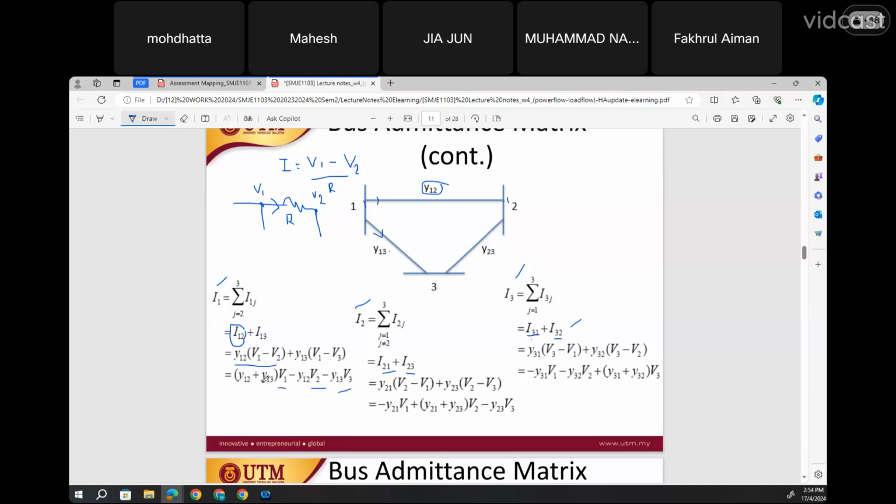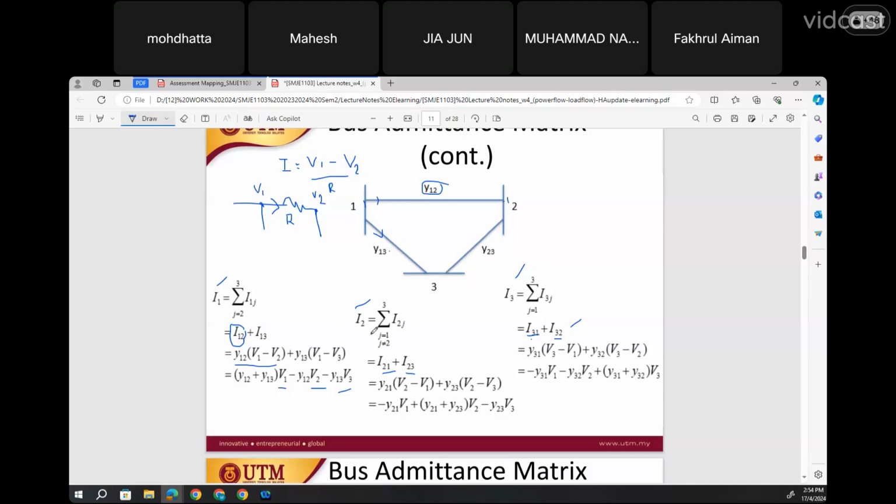V1 should be multiplied by the summation of Y12 and Y13. And for the rest, it will be negative Y12 and negative Y13 multiplied with V2 and V3 respectively. And the same goes to the other branches or other nodes or other buses.